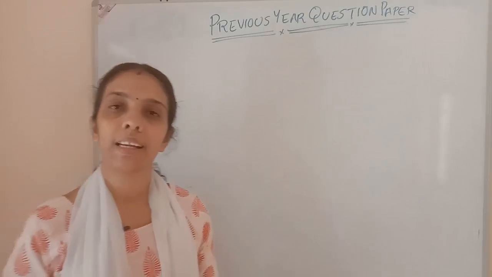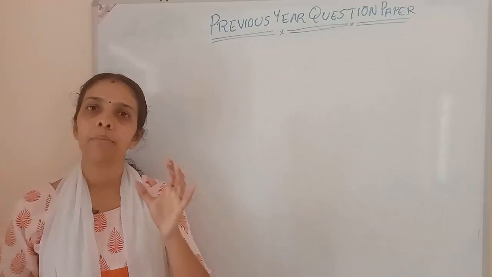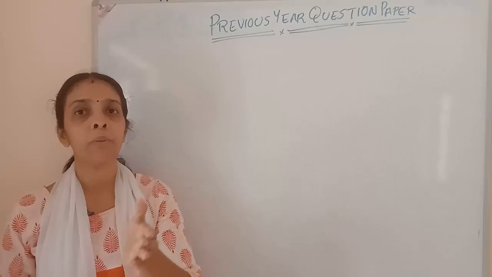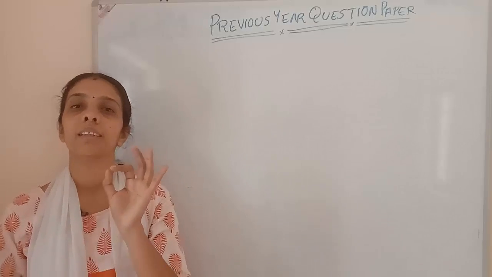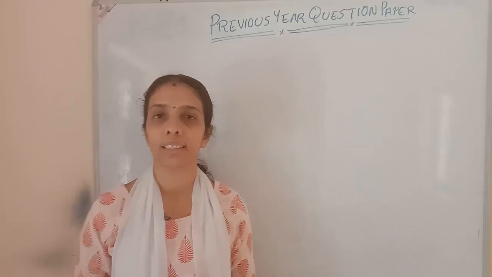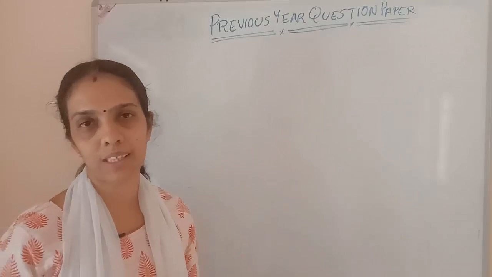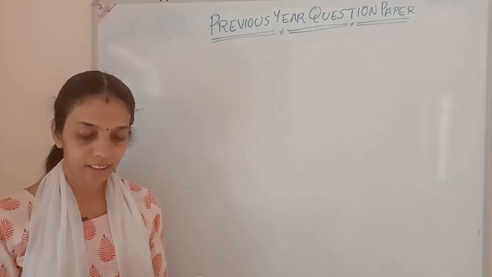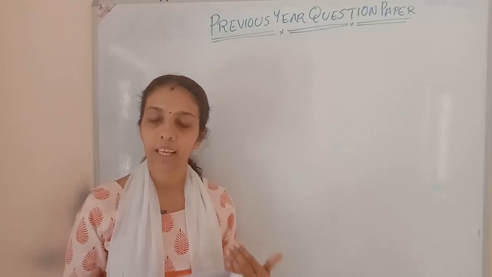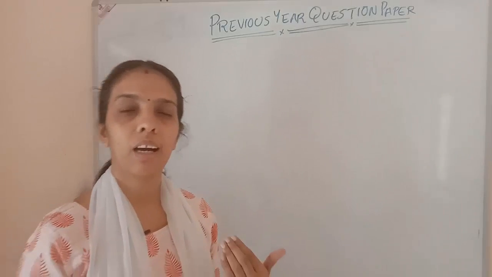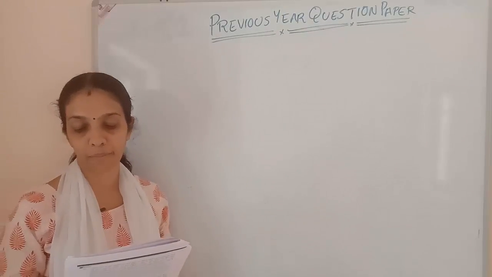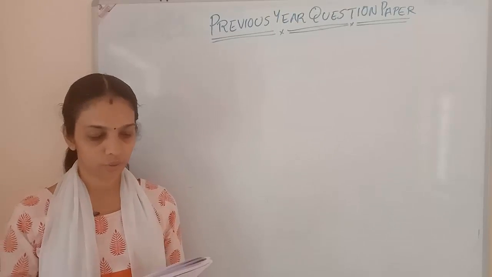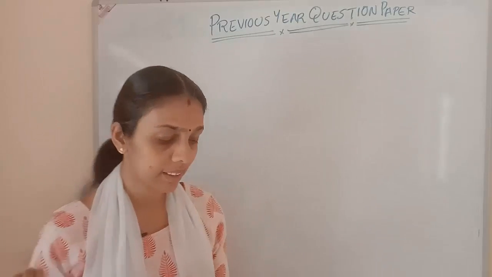That is called a decay constant. Mean life τ equals 1 by lambda. That is the expression for mean life in terms of decay constant. Okay, all the derivations we did already.